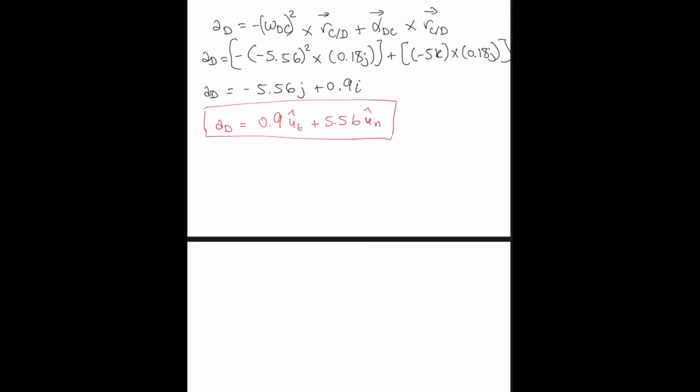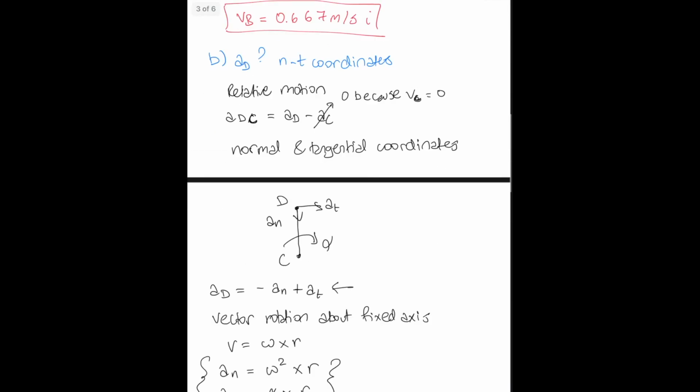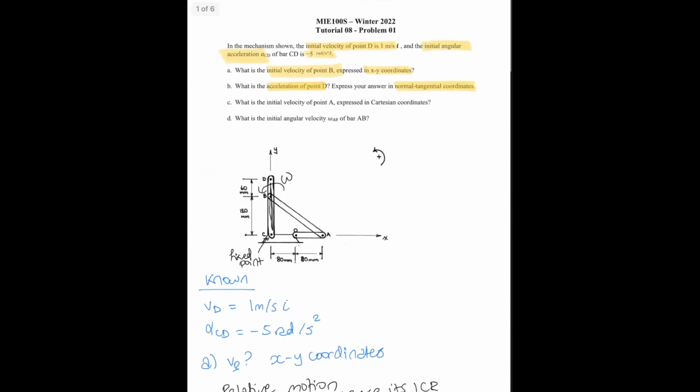Okay. Now let's go to part C and D. We've got C asking for the initial velocity of point A expressed in Cartesian coordinates. And we're going to actually be doing part C and D together, because they're very intertwined.